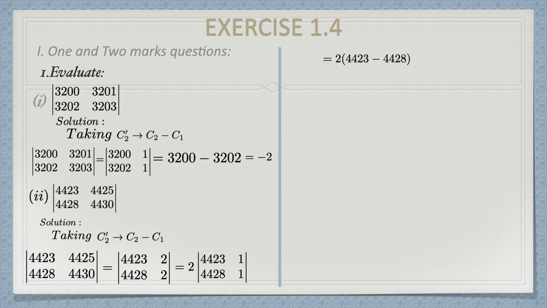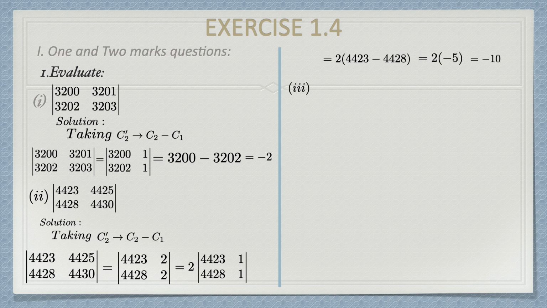We get 2 into 4423 minus 4428. If we subtract the term inside the bracket, we are getting minus 5. So by multiplying, we get the answer as minus 10. Therefore, the determinant value is minus 10.